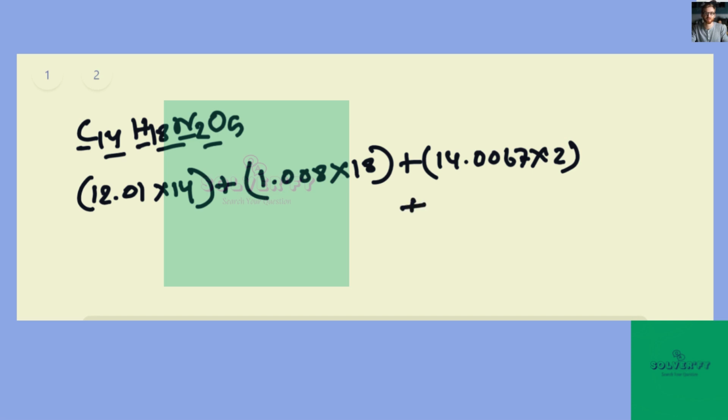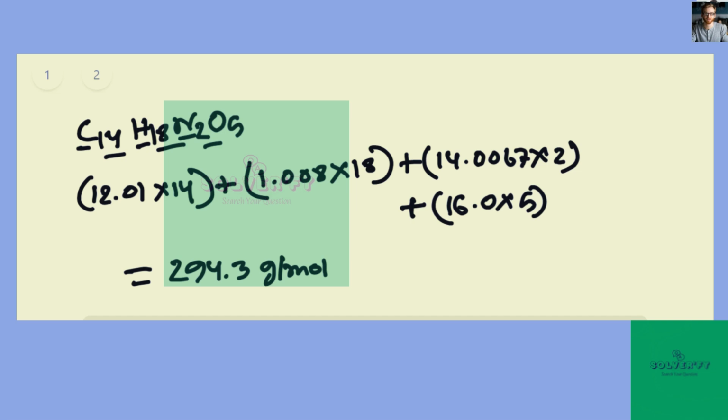And finally, we have oxygen, which has a molar mass of 16, and we have 5 oxygen. So just doing that, the total will give us a value of 294.3, which is in gram per mole. So this is the molar mass of aspartame, or this compound.